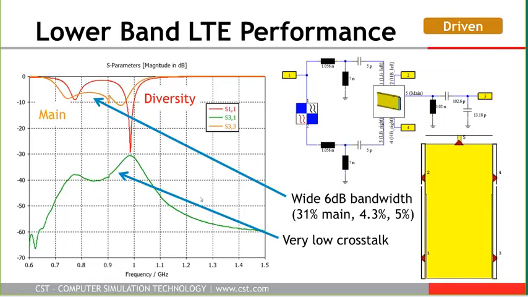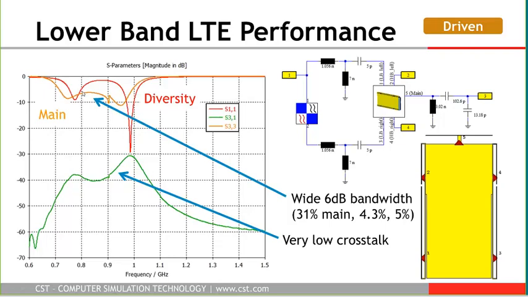And this is the performance of the prototype. You can see that the main antenna has a very wide bandwidth of 31%, so it covers all the LTE bands which are below 1 gigahertz. You also have a red curve, which is the diversity antenna.